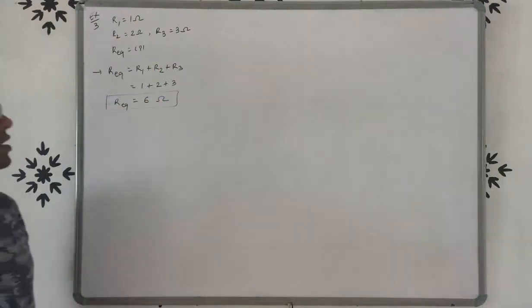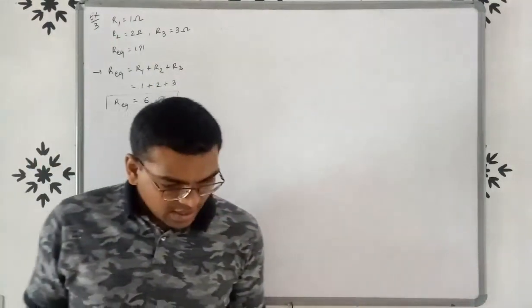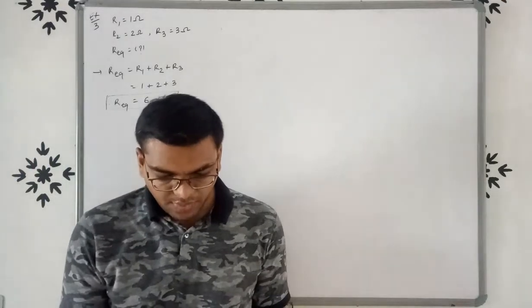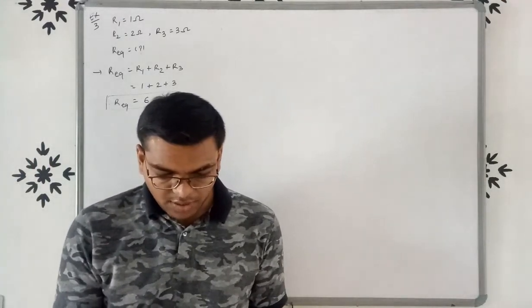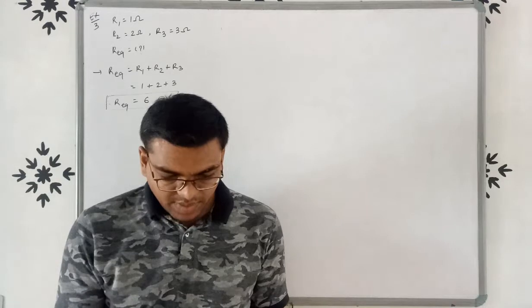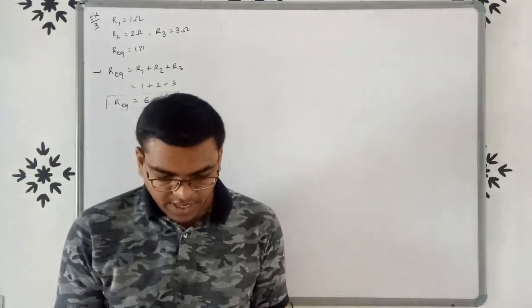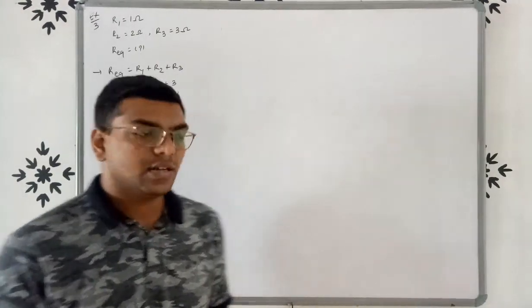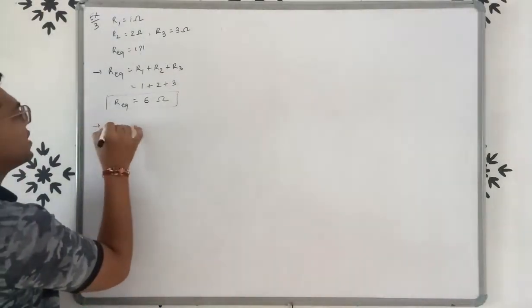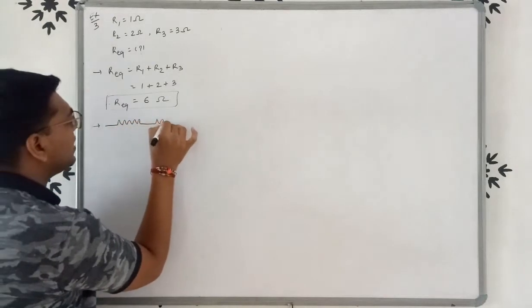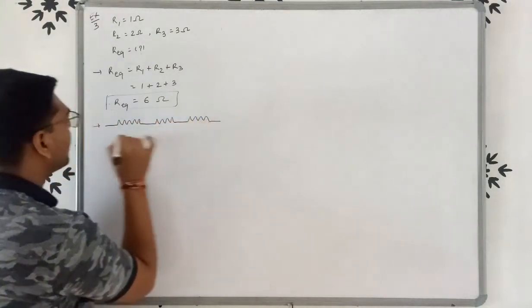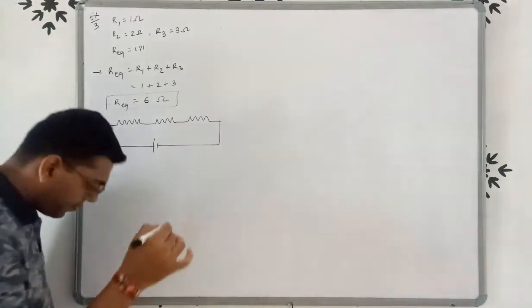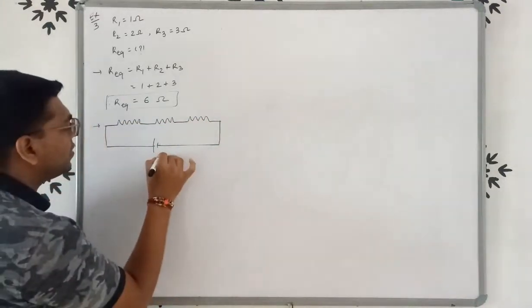Right? Now thereafter, if the combination is connected to a battery of EMF 12 volt and negligible internal resistance, obtain the potential drop across each resistor. So here these three resistors are connected in series like this, and this is connected to the battery having EMF of 12 volt.